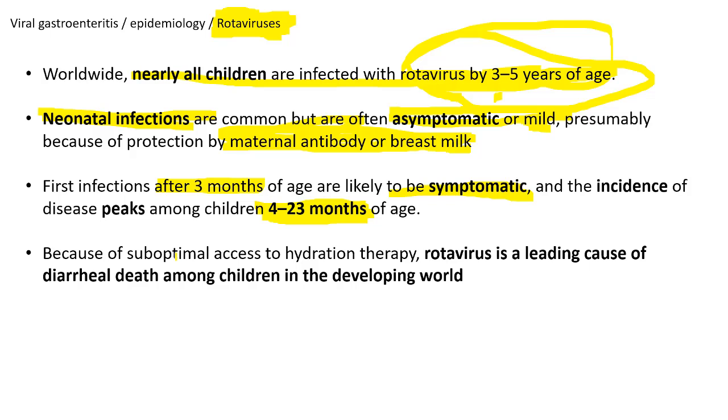And because of suboptimal access to hydration therapy, as we said, in developing countries, for example in sub-Saharan Africa and some places in Asia, sadly, some children will die because they were not provided with proper hydration therapy.